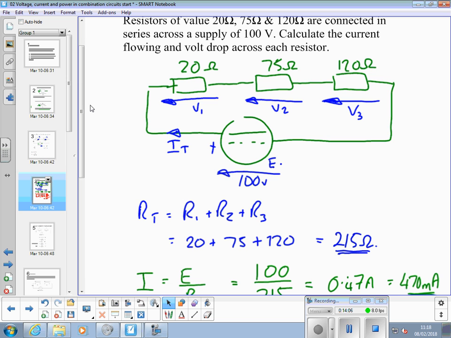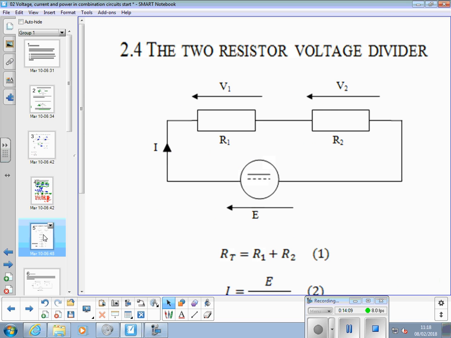Okay. On the next page, what you'll see in some textbooks is a talk about the voltage divider rule.